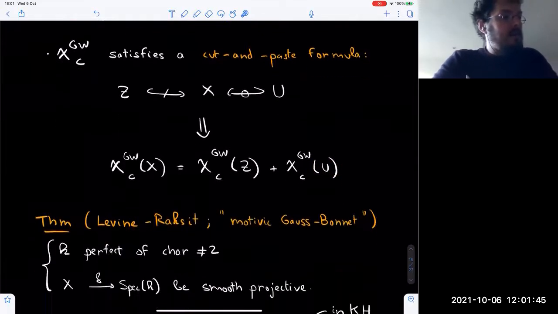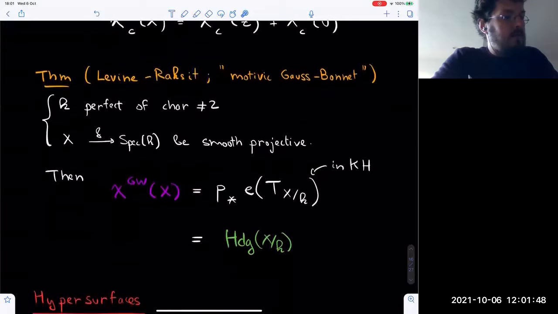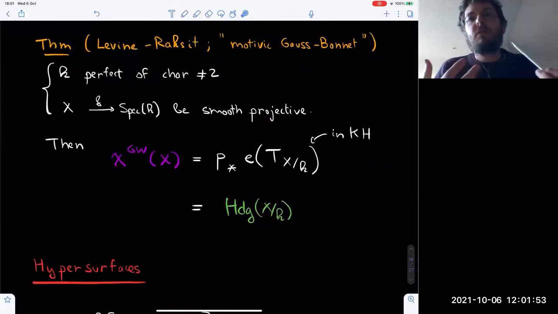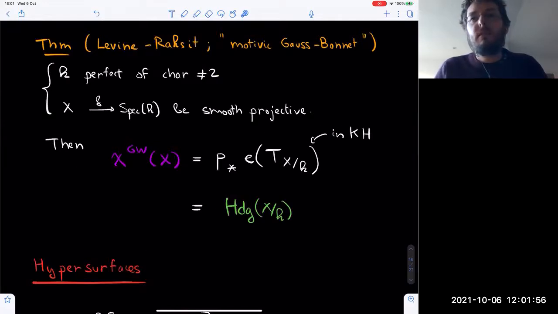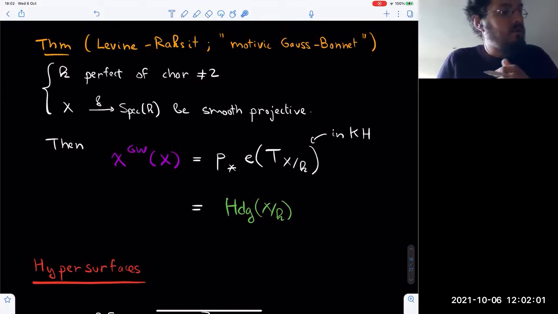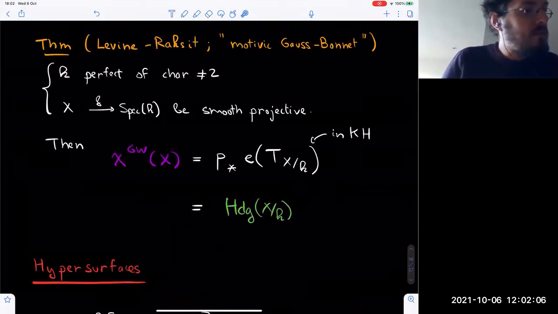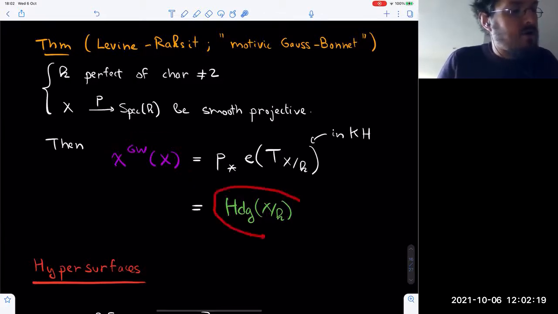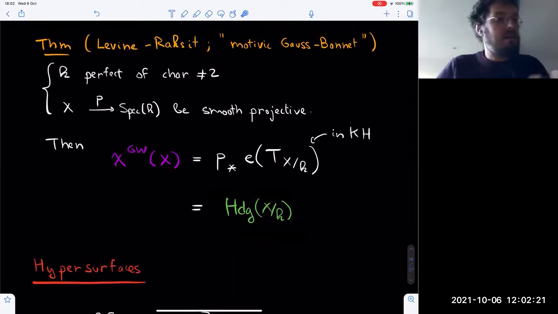So now in this setting, I can state a very nice theorem, which is the quadratic version of this Gauss-Bonnet formula that I started with. So it's the following: you have a perfect field K of characteristic different from 2 and a smooth projective variety X over K. Then this gives you a formula for the quadratic Euler characteristic of X: it's nothing else than this Hodge class in the Grothendieck-Witt ring that I mentioned before.